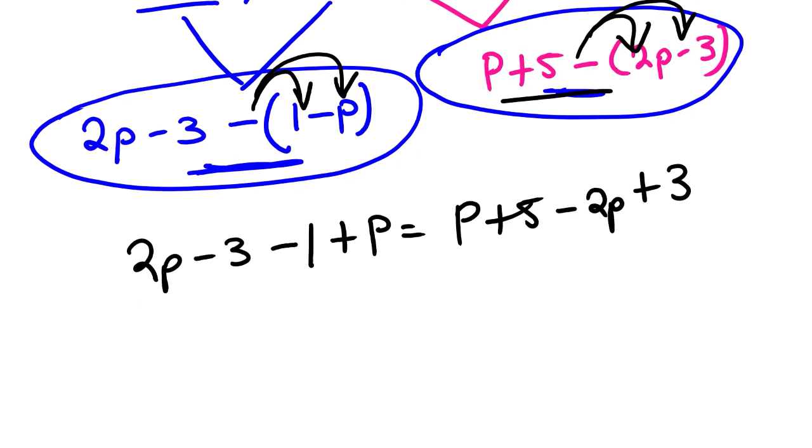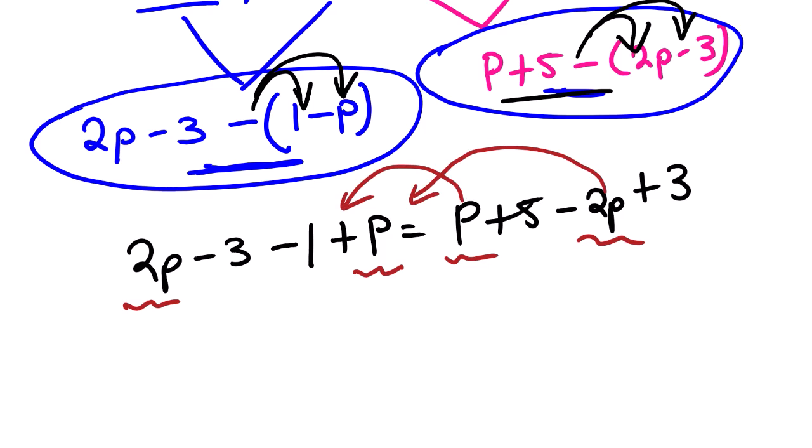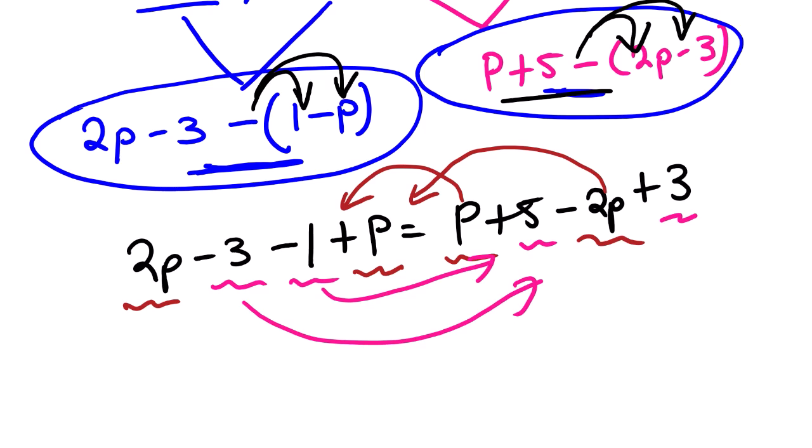We take all the like terms to one side. So we are going to transpose this term to the side and also this one to the side. Going to take these ones to the other side.